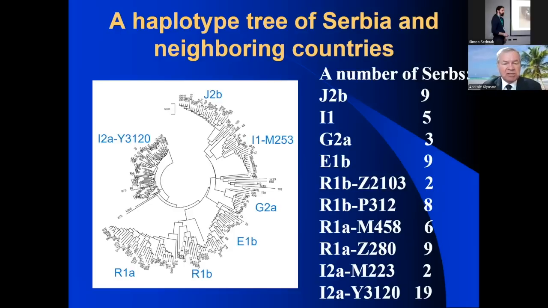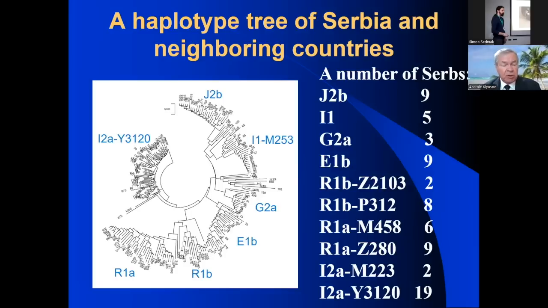Now we plot here haplotypes of many people. You see one tight branch on the left, which is I2A Y3120. Why do I go for that Y3120? Why wouldn't I just say I2A and that's it? Because there are two major kinds of I2A.